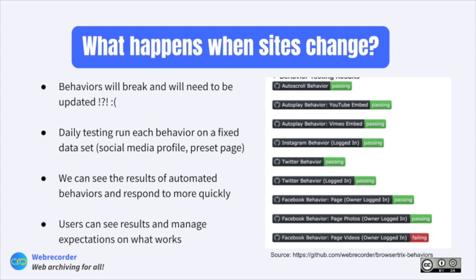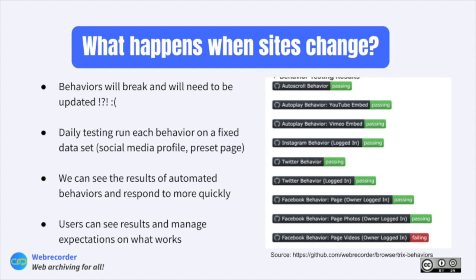In this new system, we actually have daily testing of all the behaviors. This is new. This is something that we didn't have with Conifer and Webrecorder desktop. Sometimes things would break and we wouldn't know when.